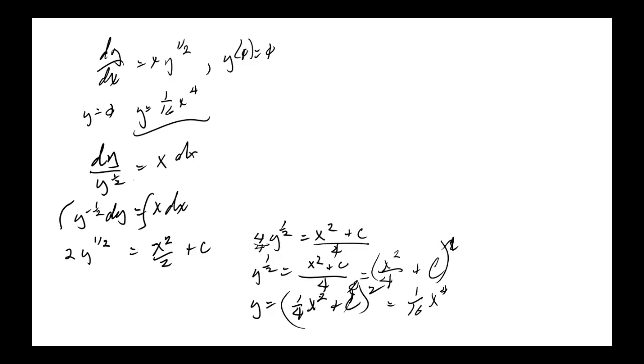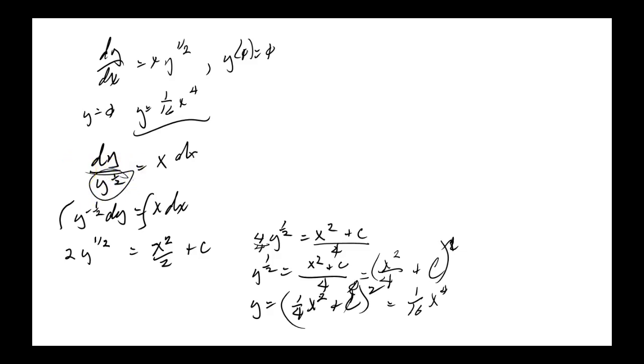However, your trivial solution, well, of course, when x equals 0, y is equal to 0, so that works for that one as well. However, they say that one was lost by dividing by y to the 1/2 when you came here.